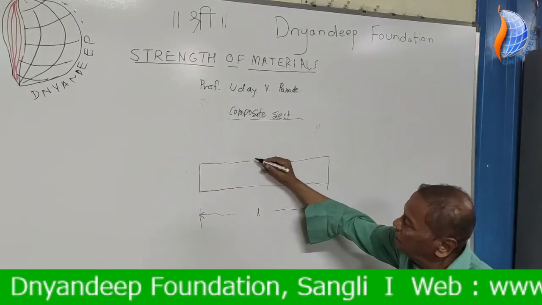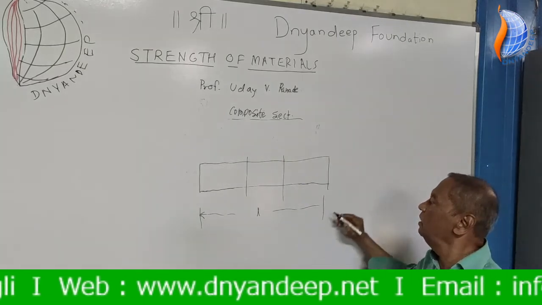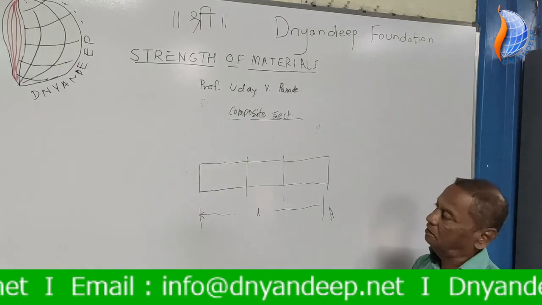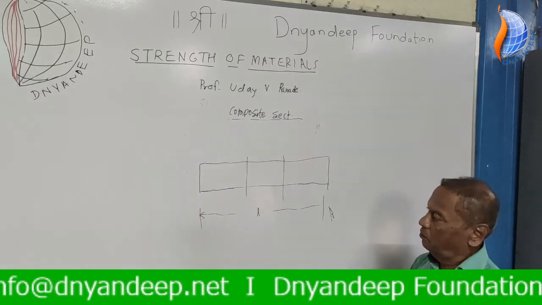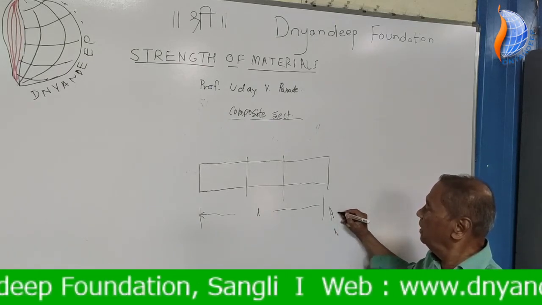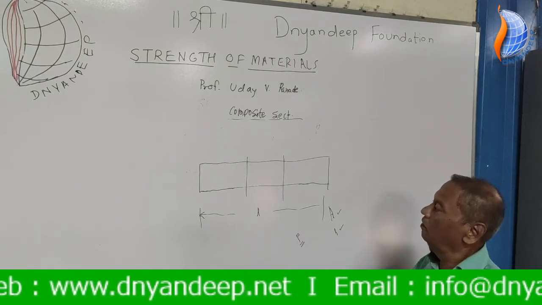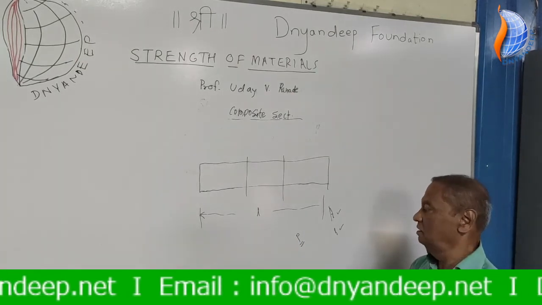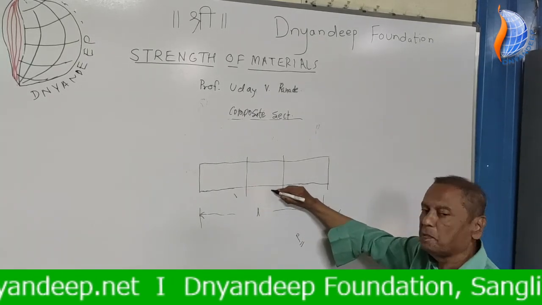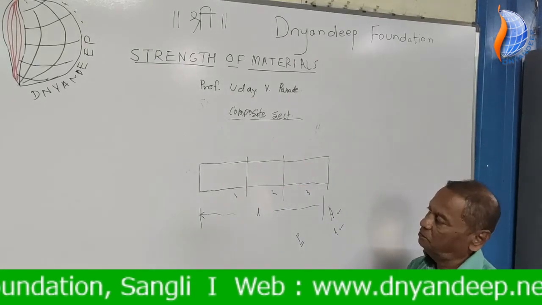For example, if this total bar is divided into 3 parts, area of cross section is same and length also is same, but the force taken by part 1, force taken by part 2 and force taken by part 3 are different.